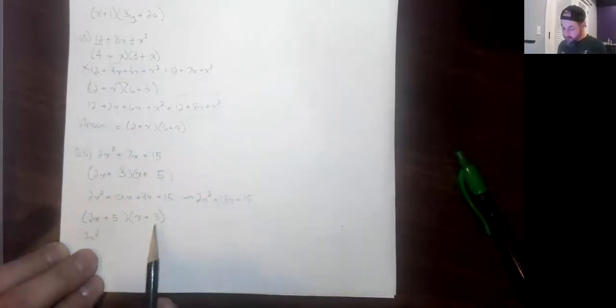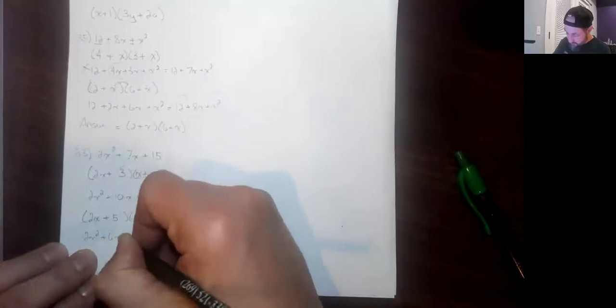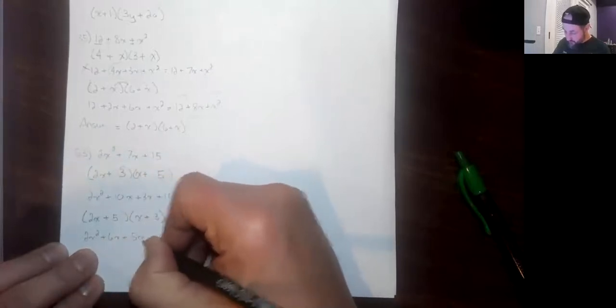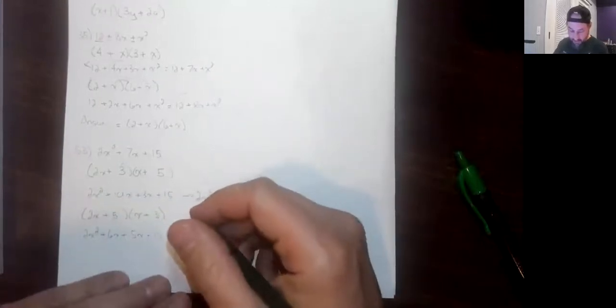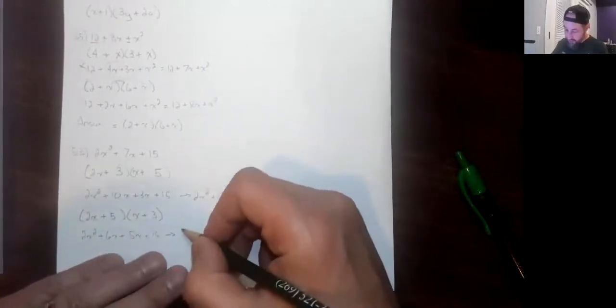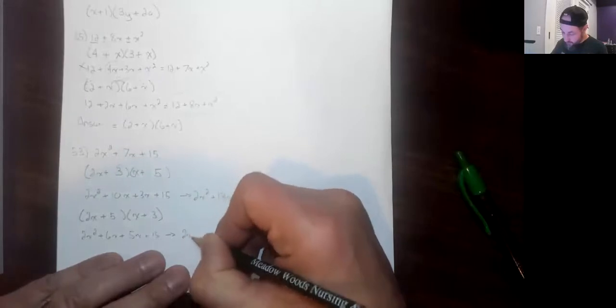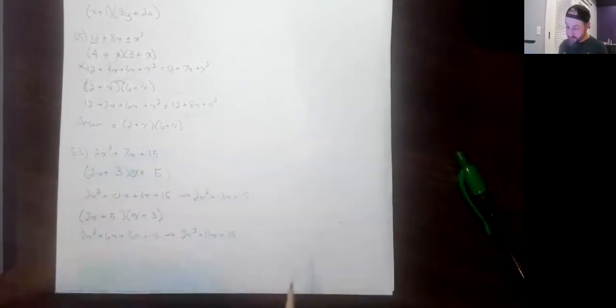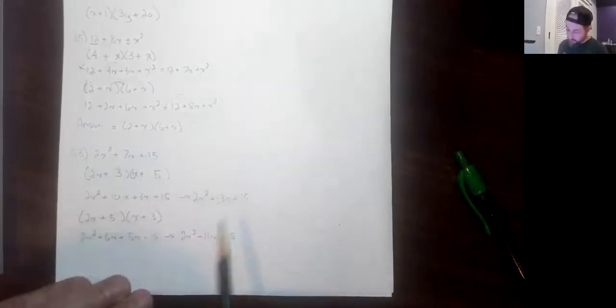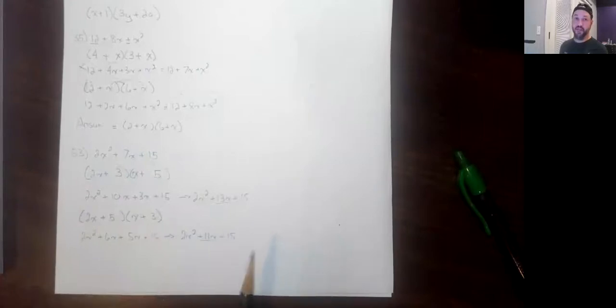And then I have a 6x, and then a 5x, and a 15. And I say, well, dadgummit, what happened there? I can get 2x squared plus 11x plus 15. Now I had 13. That didn't match the 7. Then I had 11. That didn't match the 7.